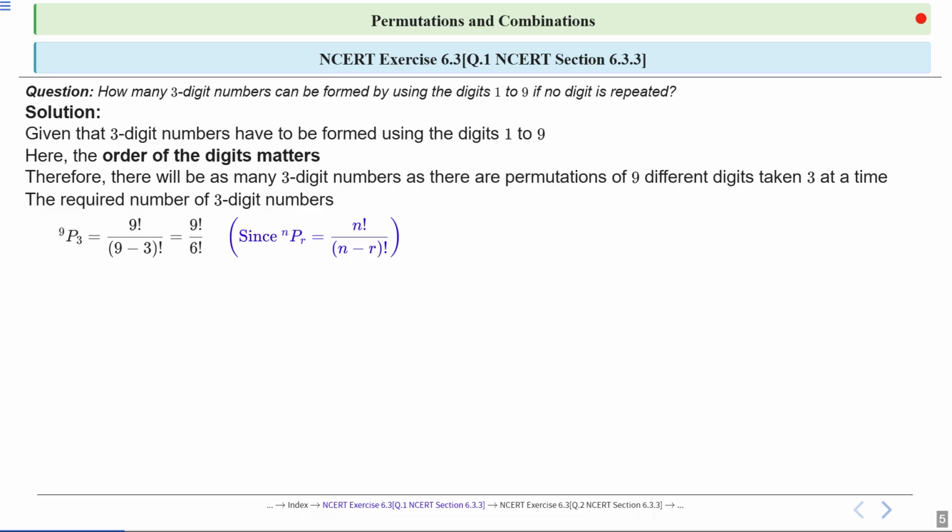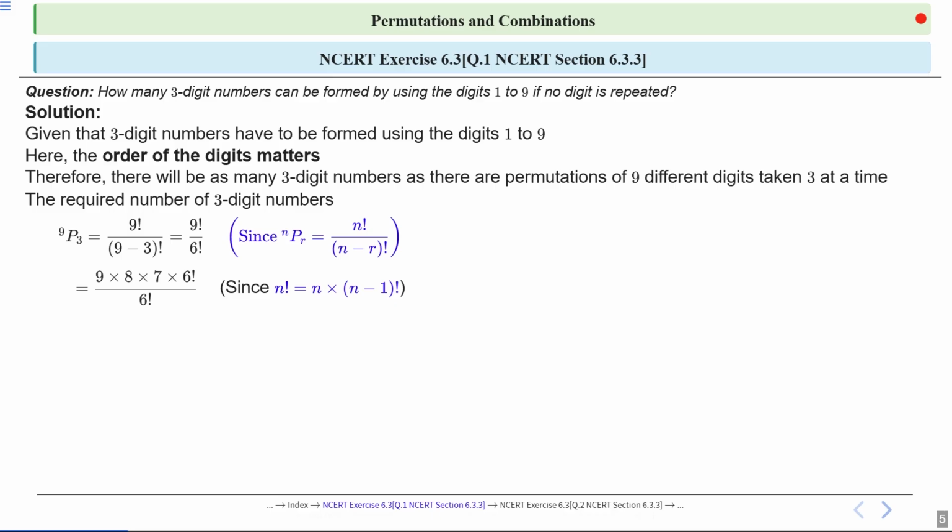So the formula for permutations we know, nPr is equal to n factorial upon n minus r factorial. Applying this formula, we calculate 9P3. This is equal to 9 factorial upon 9 minus 3 factorial, and after simplifying, we get 9 factorial upon 6 factorial.